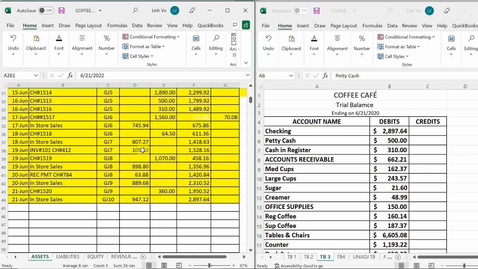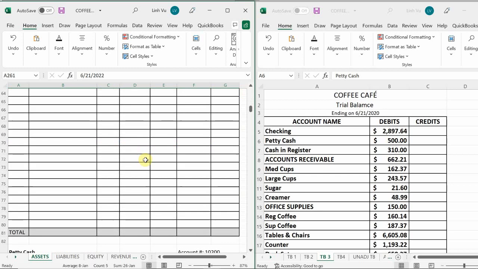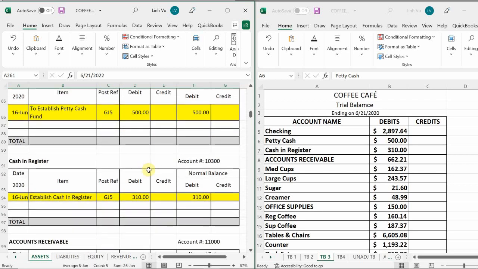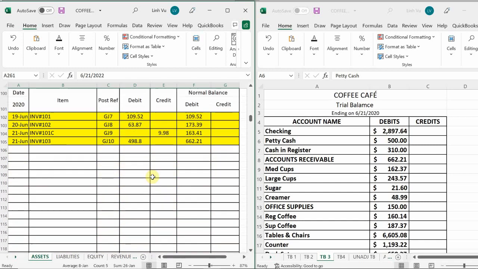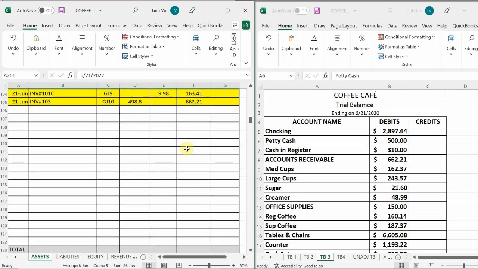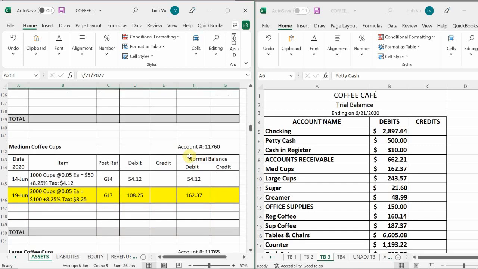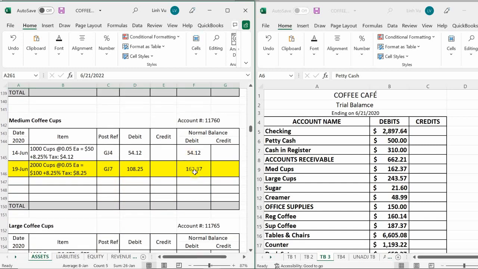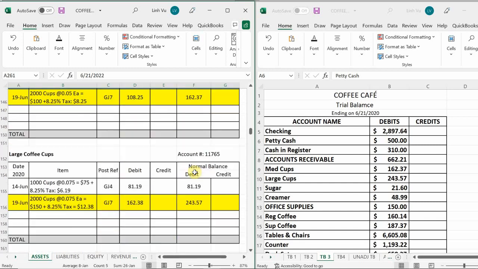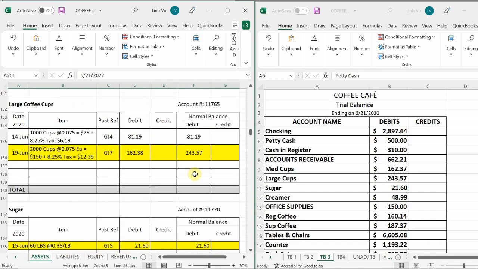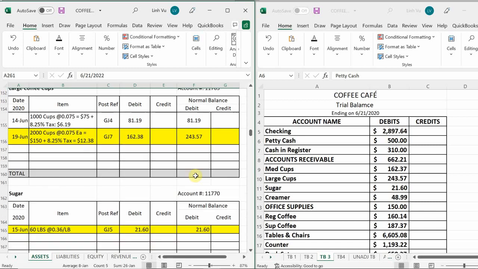Is it for 2,897.64? Yes. I got petty cash for 500 and the cash and register for 310. Yes. For my accounts receivable, $662.21. Yes. For my coffee cups, I should have 162.37. Yes. For my large cups, I should have $243.57. Right.